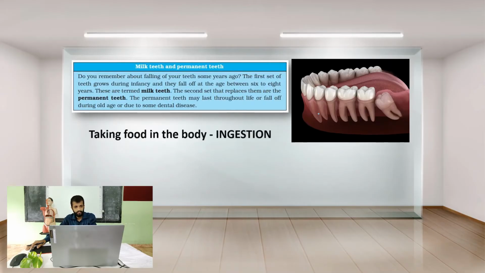So let us understand. Before that, taking food inside the body is called ingestion. So I take one laddu and I take it in my mouth. This process will be called ingestion.